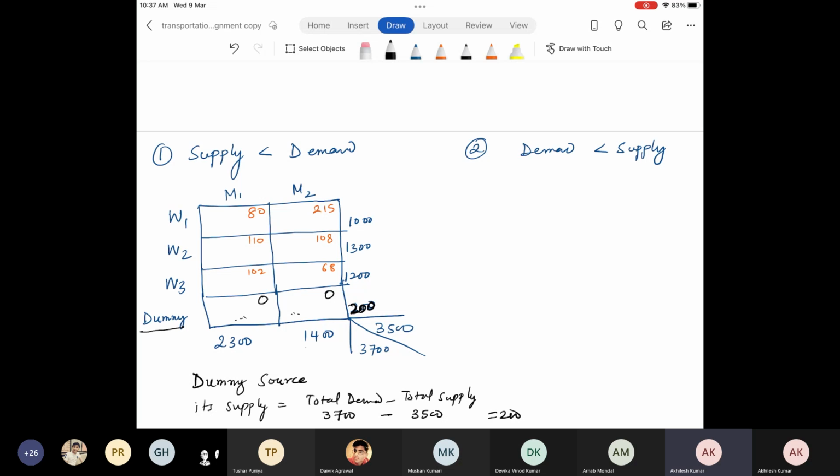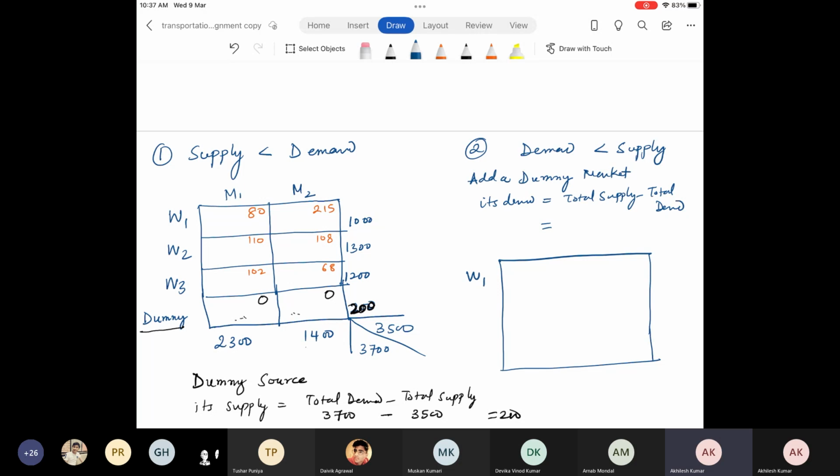Now when supply is greater than demand, same thing, we add a dummy demand or dummy market, and its demand equals total supply minus total demand. So let's take another problem.